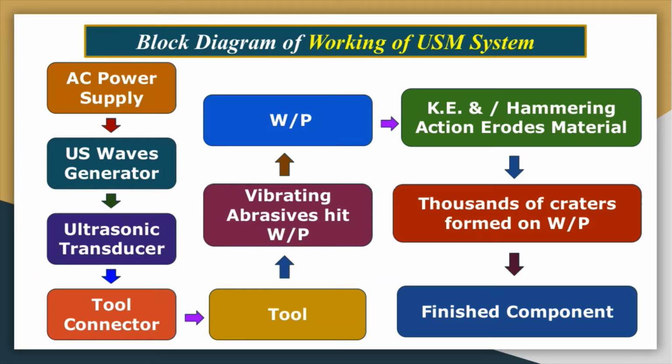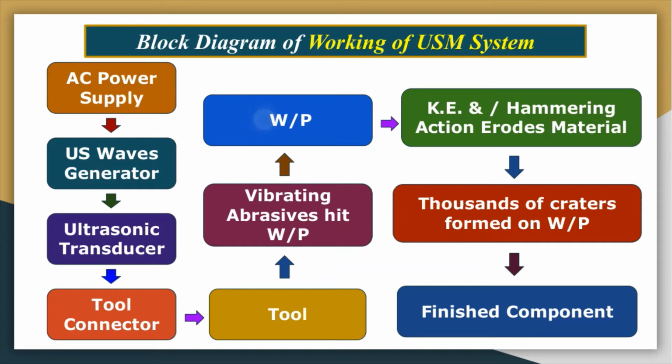When this tool is vibrating at ultrasonic frequency, it is hitting the thousands of abrasive particles present in the slurry under that tool, and these abrasive particles, when hit by the tool, move towards the workpiece.